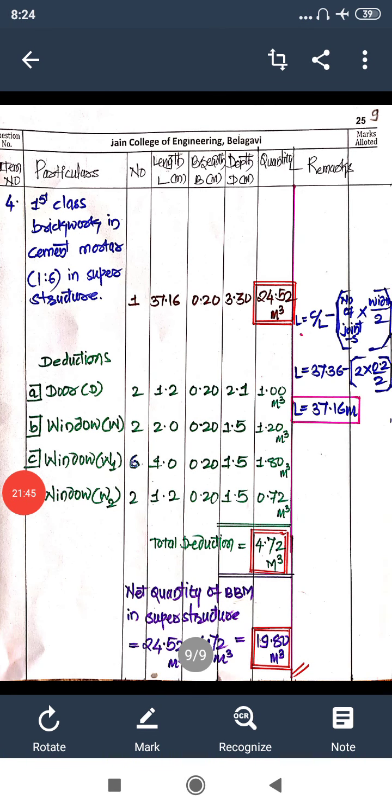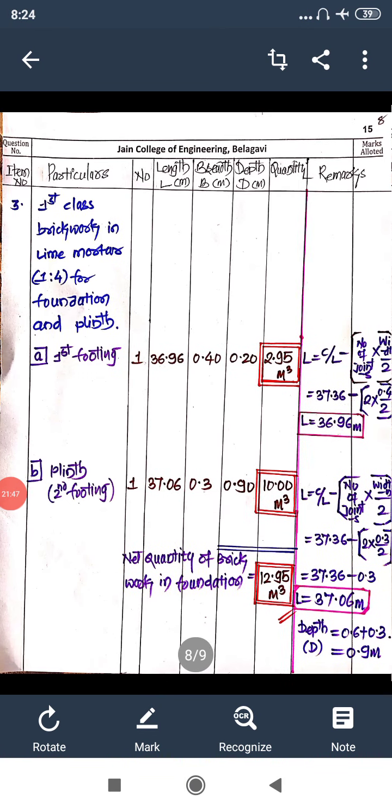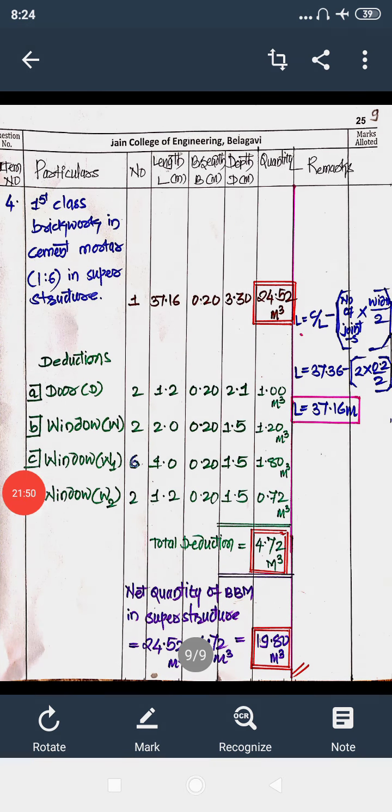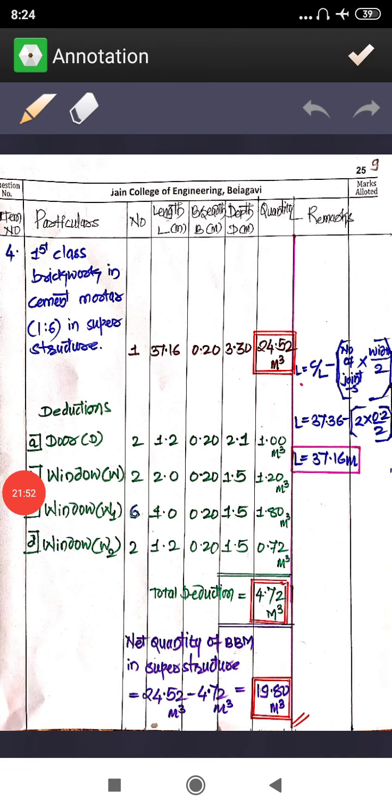Now you can see the deduction. Doors, two numbers into 1.2, 0.2 is the width of wall, into height 2.1. So you will have 1 meter cube. Windows W, two numbers, size is 2 into 0.3 into 1.5, so you will have 1.2 meter cube.